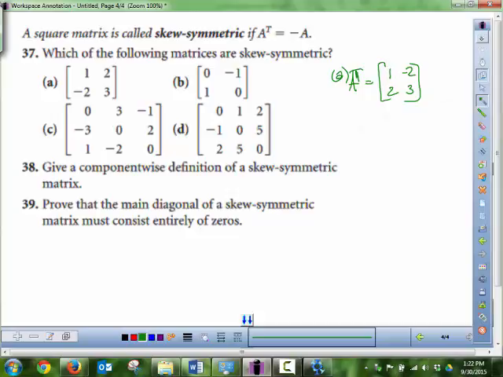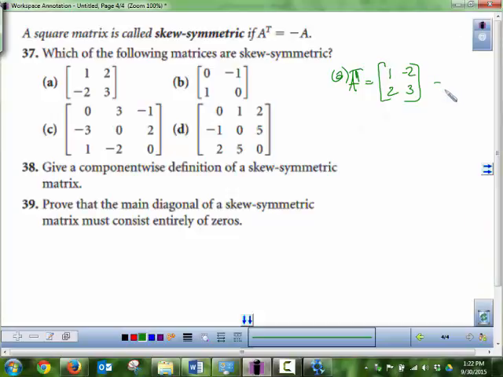What's minus A? I take this and put negative signs in front of the whole thing: minus 1, minus 2, positive 2, negative 3. Are these two equal? No, they're not. So A is not skew symmetric.